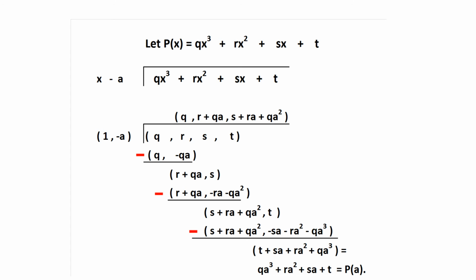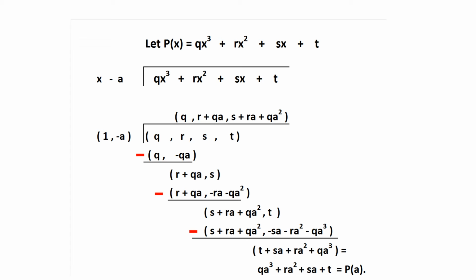Here we have the polynomial q, a number times x cubed plus r, a number times x squared plus a number times x plus another number t. So instead of 1, 2, 3, 4, we got q, r, s, and t. We do the exact same division process with the remainder theorem, and we will find that the quotient is q, comma, r plus qa, comma, s plus ra plus qa squared.